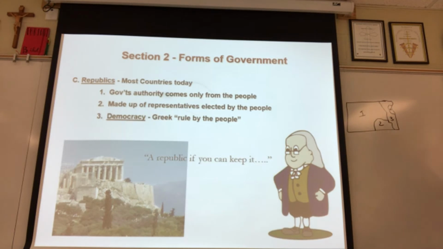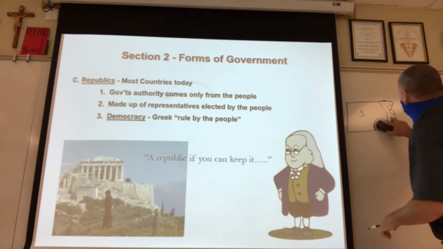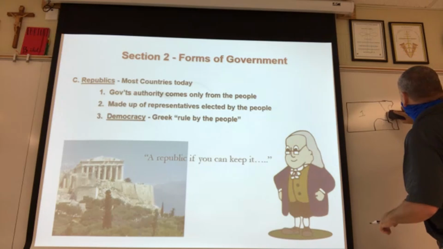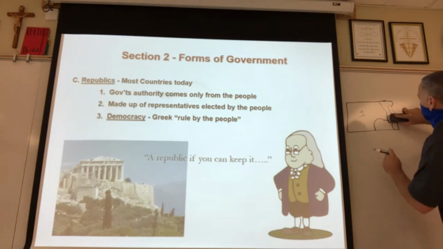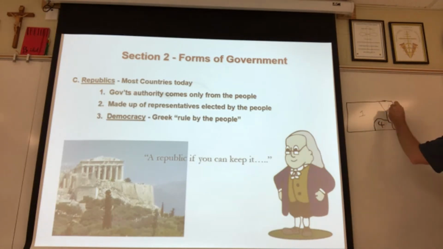Sorry, I knew that didn't look right. Okay. So each one of these districts has about 780,000 people in it. Okay, so every 10 years we have to redraw this map to try and get the same number of people in each district. Okay.